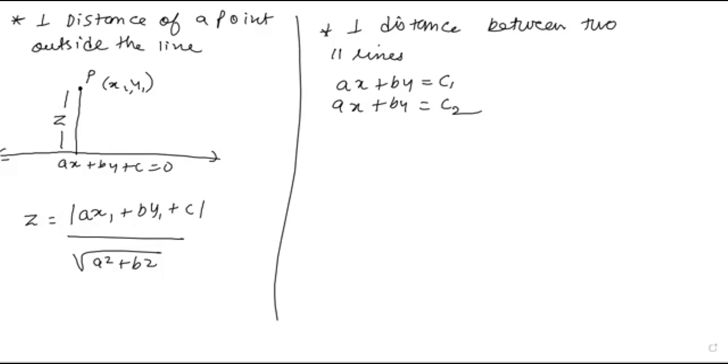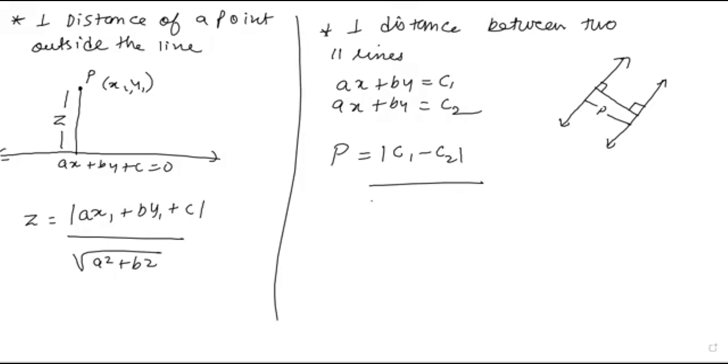Therefore, if you are interested in finding the perpendicular distance between these two lines, then this is mod c1 minus c2 upon square root a square plus b square.